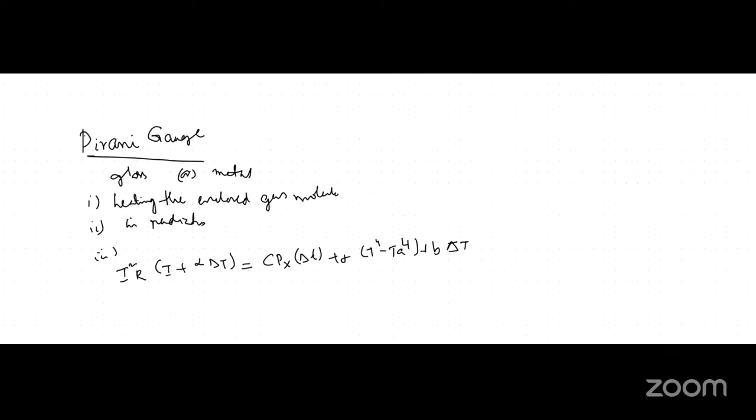I is the current through the filament, R is the resistance of the filament at room temperature, and alpha is the temperature coefficient of resistance for the filament material.